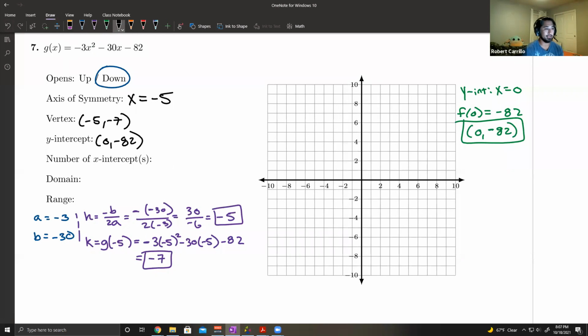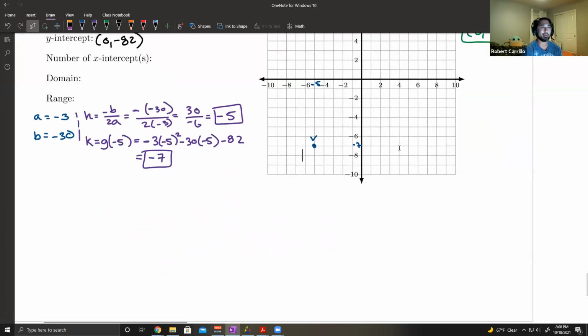Okay, cool. Now let's plot it. Vertex, negative 5. So there's negative 5, and there's negative 7. There's our vertex. And then we know it goes down to negative 82.